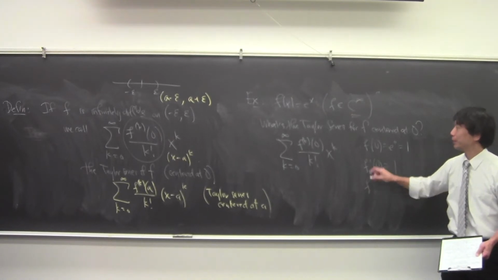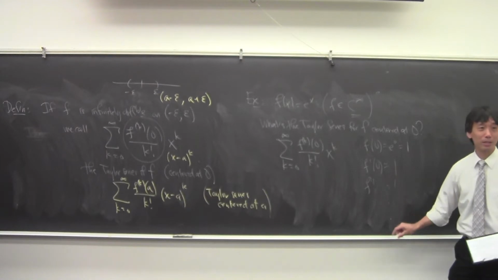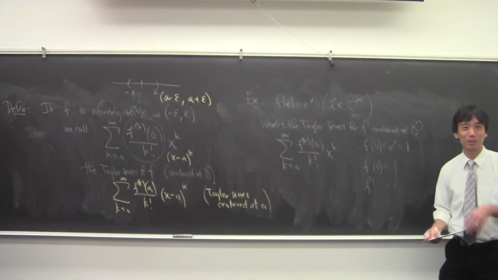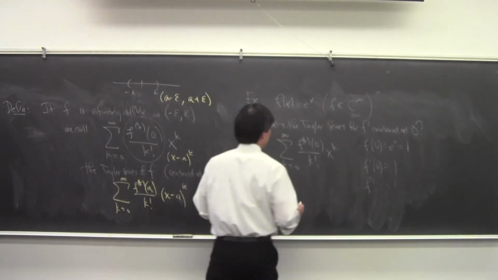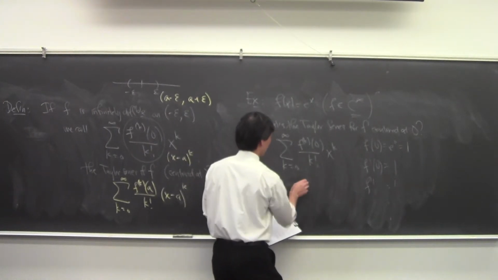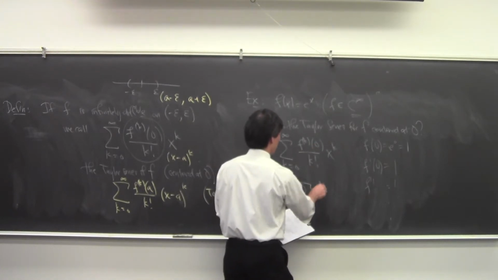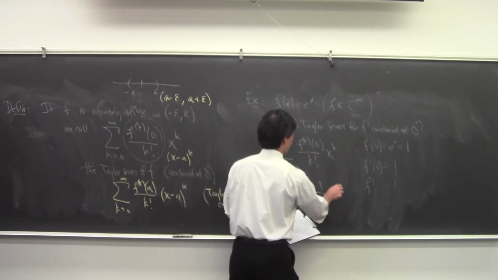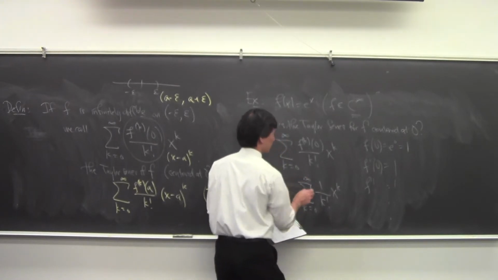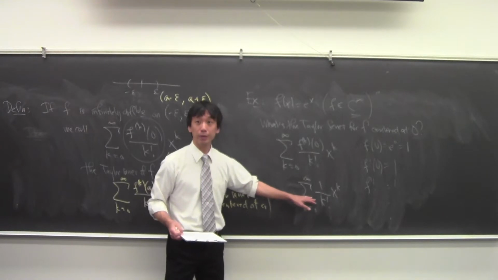Second derivative, evaluated at 0, you get 1 again. Keep on doing this, and you realize that it's always going to be 1. And so the Taylor series is going to be the summation of 1 over k factorial x to the k, k from 0 to infinity. Okay, so this is the Taylor series for e to the x.